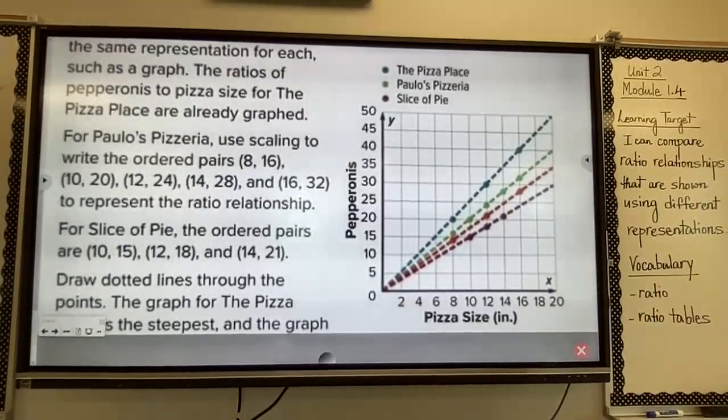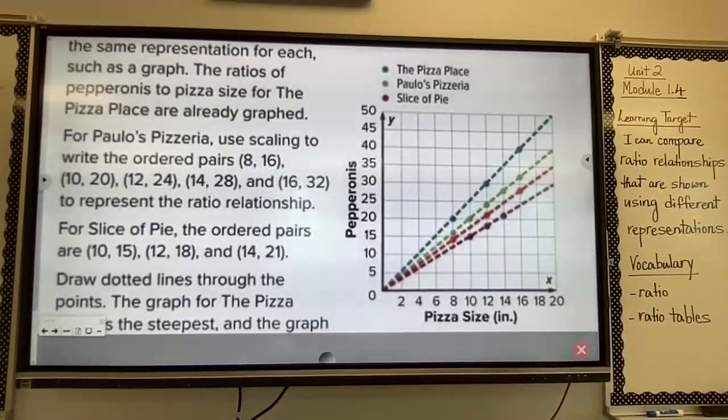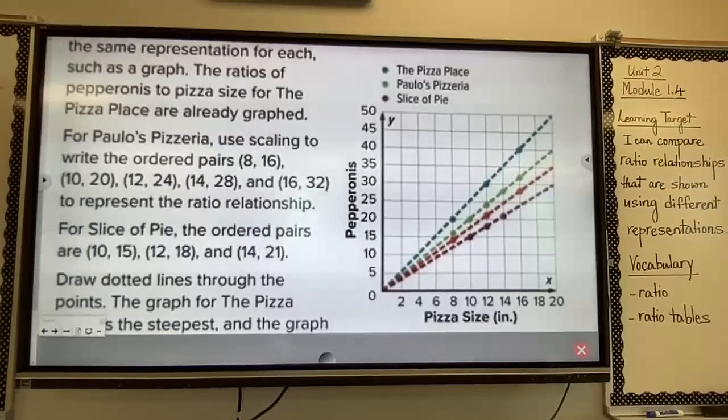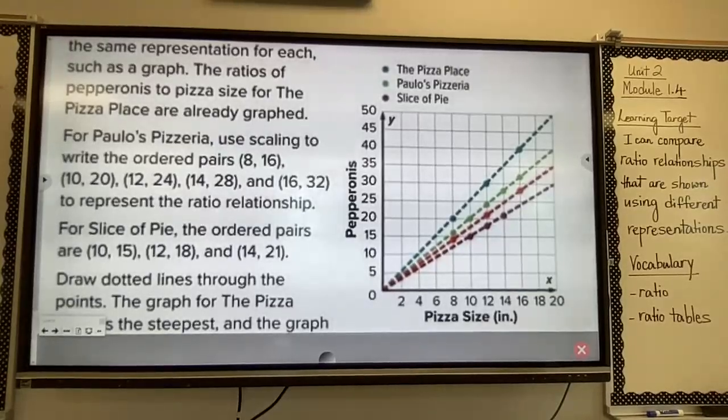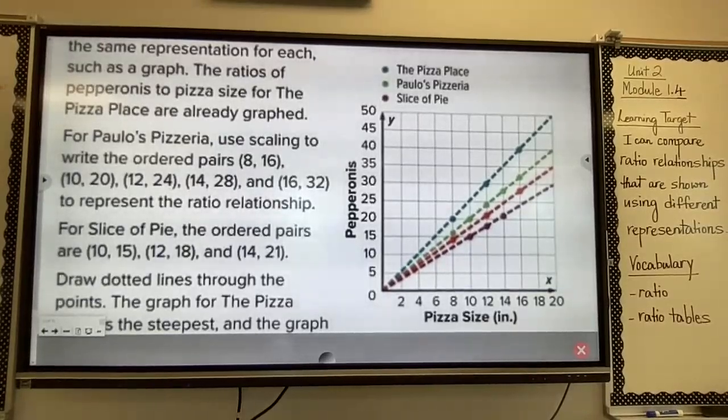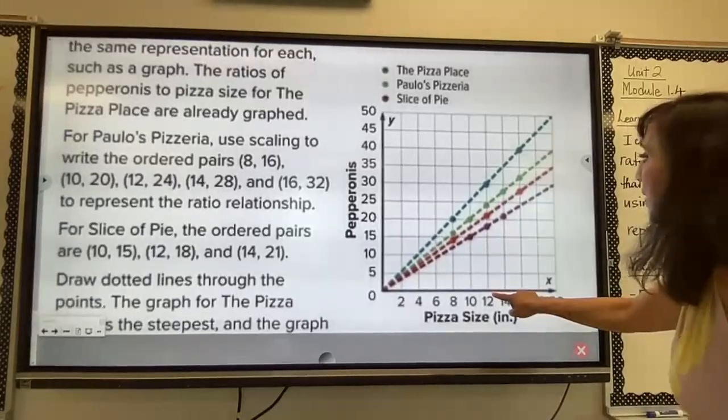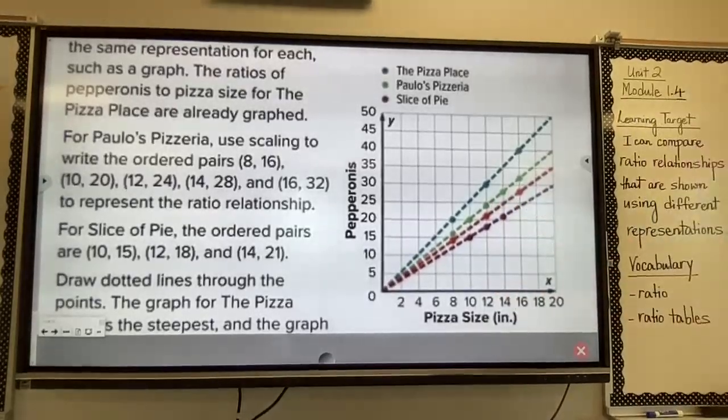All right. Then if you're talking about Paulo's Pizzeria, it was 24 pepperonis on every 12-inch. So Paulo's is the green one. So for every 12-inch, so here we go, 12, and that is 24.